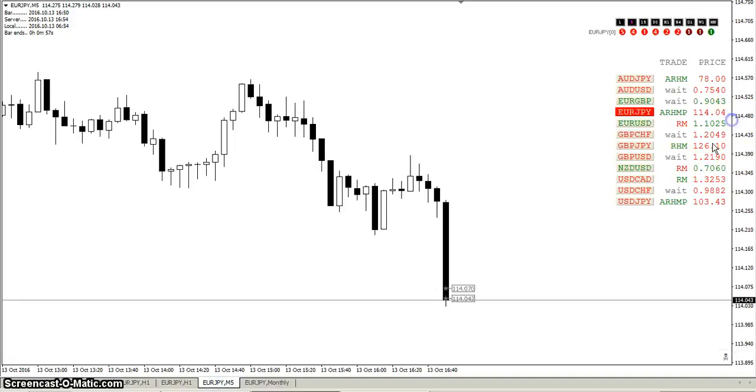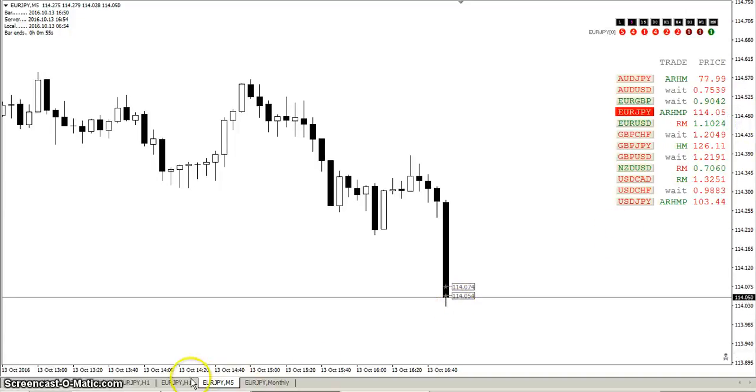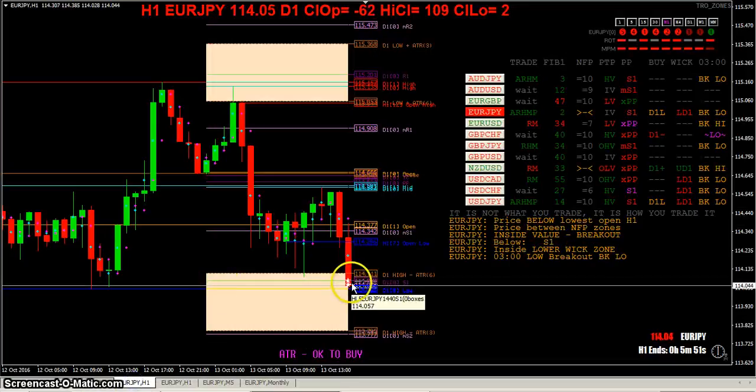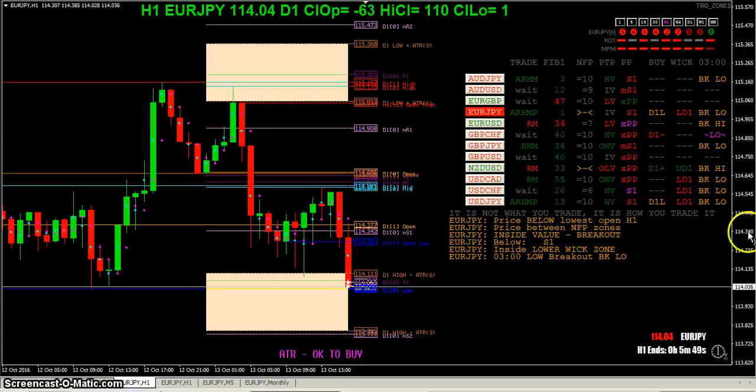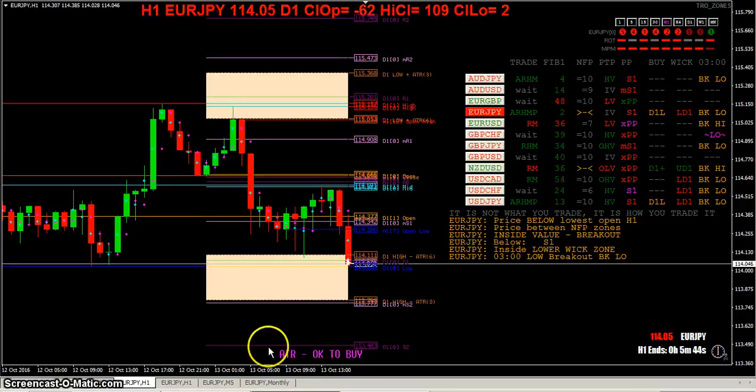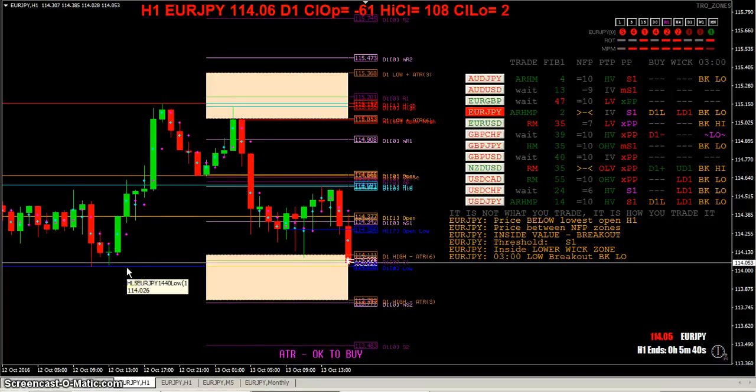Wow, it really is dropping. Look at that. So let's look here. Yeah, that's going in there really nicely. So, okay, it just hit that previous day's low. We got about 5 minutes to the top of the hour. So maybe we can put on a trade.